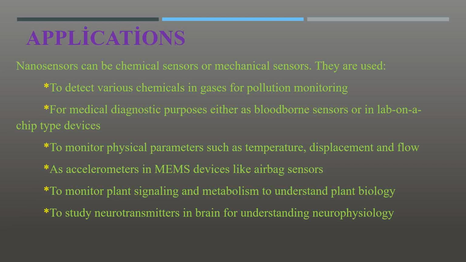To monitor physical parameters such as temperature, displacement, and flow. As accelerometers in MEMS devices like airbag sensors. To monitor plant signaling and metabolism to understand plant biology. To study neurotransmitters in the brain for understanding neurophysiology.